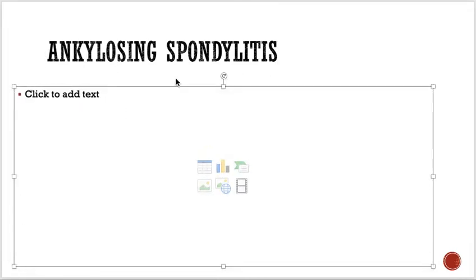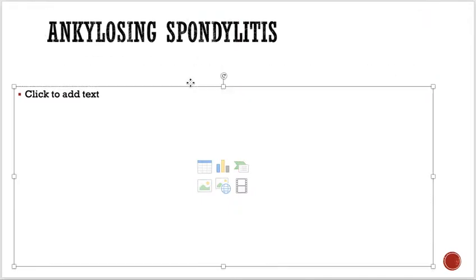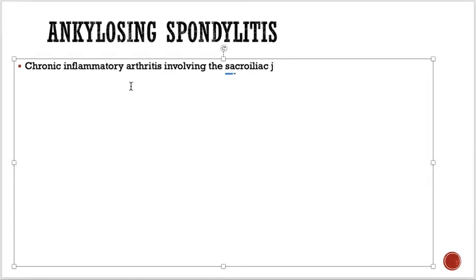Okay, one thing which is clear about this condition is that it involves 100% the sacroiliac joints and the axial joint. So basically, it's a chronic inflammatory arthritis involving the sacroiliac joints, 100% of the times this is the one, and the vertebra. So never forget the sacroiliac joint involvement.